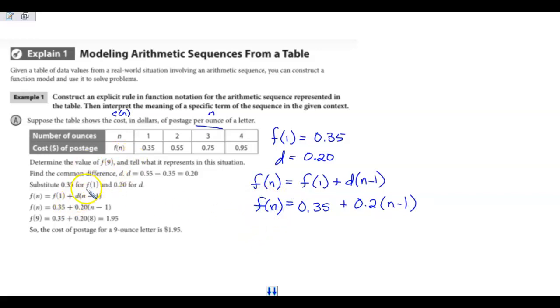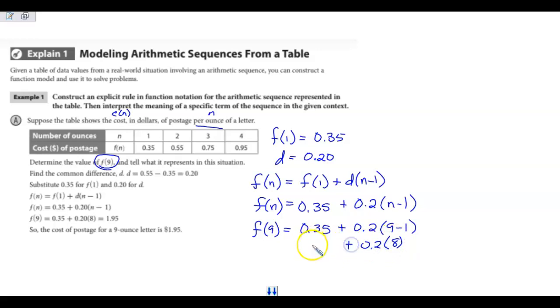And they want us to find the 9th term. So for the function of the 9th term, that means I'm going to replace n with 9. So I'm going to have 0.35, so 35 cents, plus the 20 cents times 9 minus 1, which we know is 8.